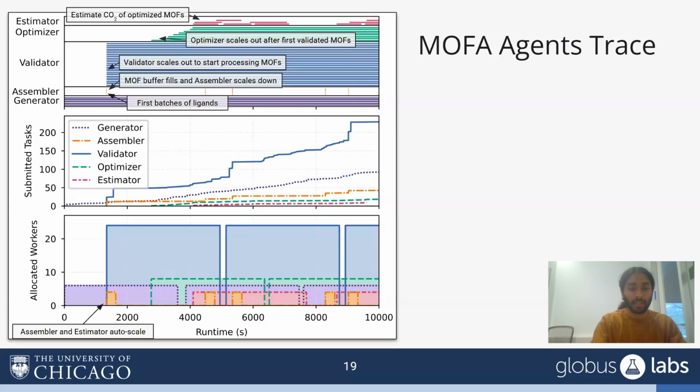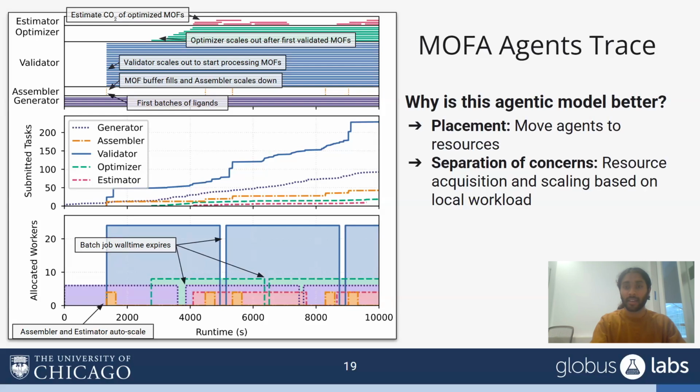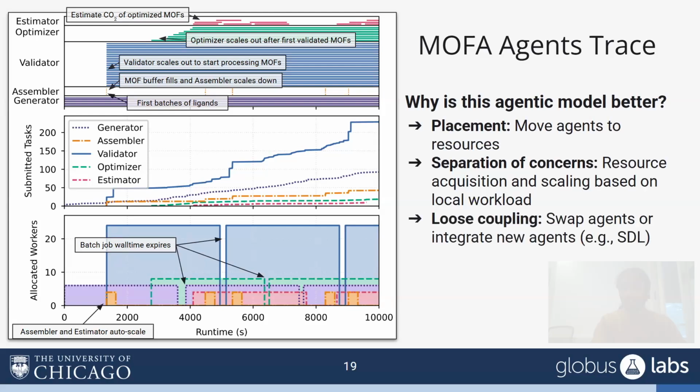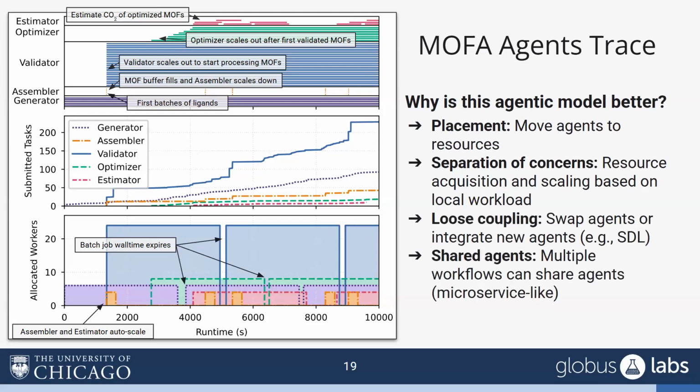Because you have agents managing their own resources, they can scale out separately based off of how much work they have to do. They can manage the submission of jobs as wall times expire and things like that. You also have loose coupling so that you could swap agents and integrate new agents eventually.